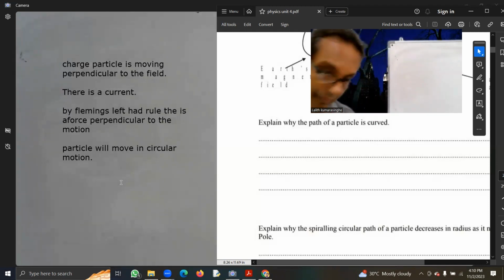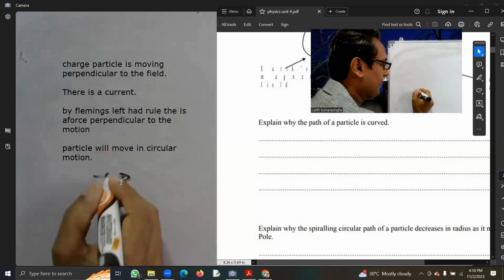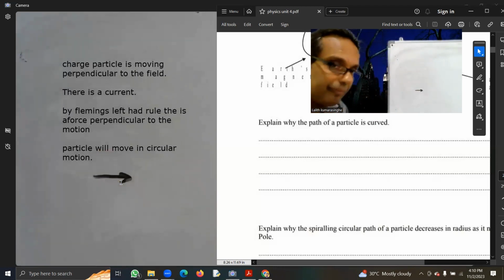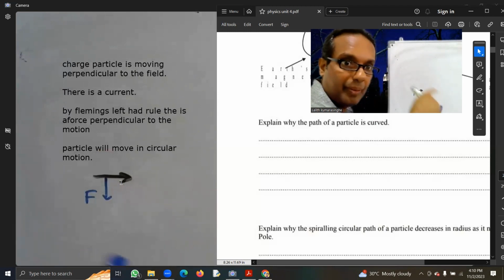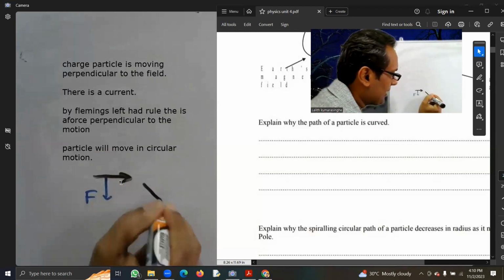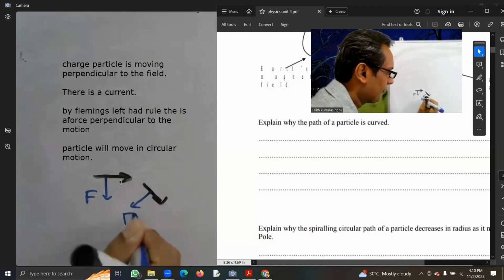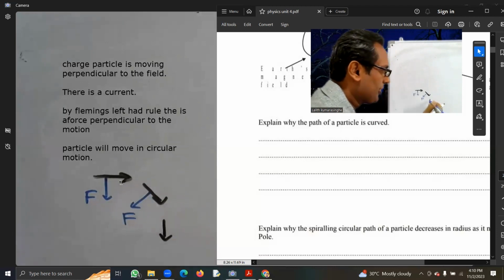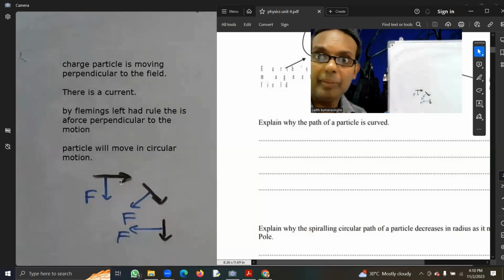So when it is moving this way, force is acting this way. But the particle will bend a little bit. When the particle is moving this way, force is acting that way. Force is always perpendicular to motion.